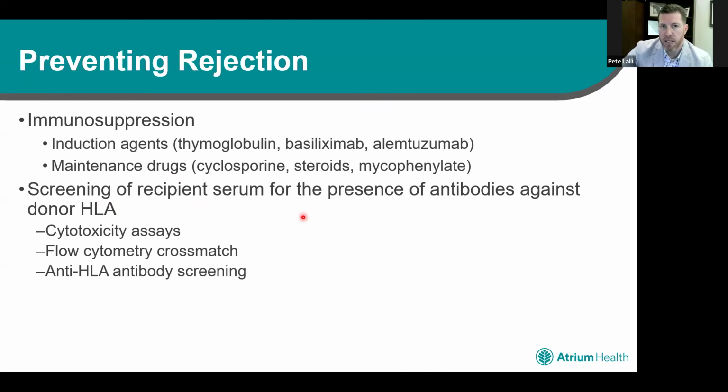Ideally, we would test for antibodies and cellular responses, but unfortunately, the tests that we've been able to develop over the years have never really been able to identify or grade the cellular response against a potential donor cell. So at this point, our best tools are to look at the antibody response in our patients.